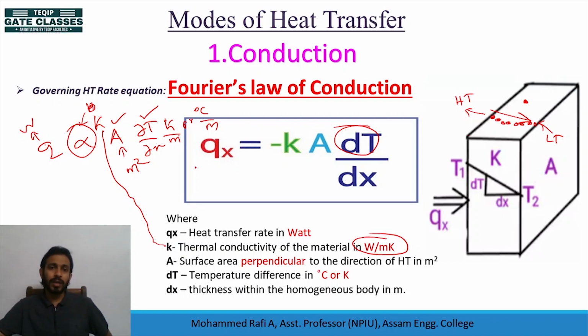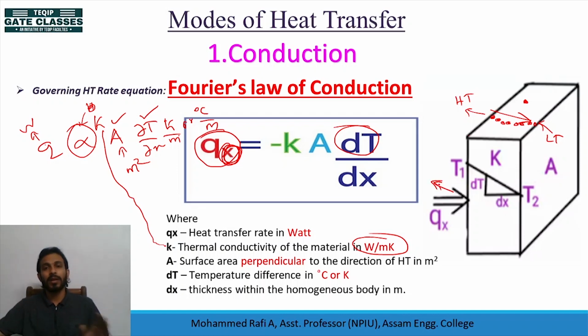Now here, looking at the expression Qx, why is there a suffix called x? X simply denotes the direction of heat transfer, the heat transfer rate along the x-axis only. Just to make our discussion easy, I am restricting it to a single dimension. That does not mean there is no heat transfer along other directions.